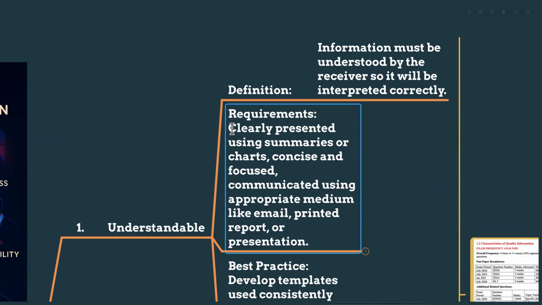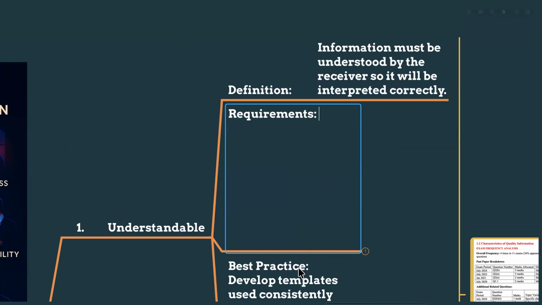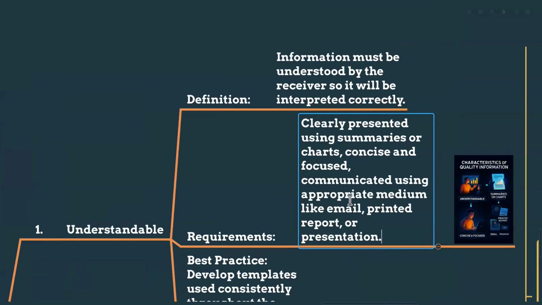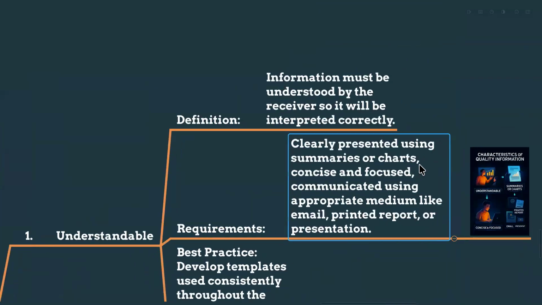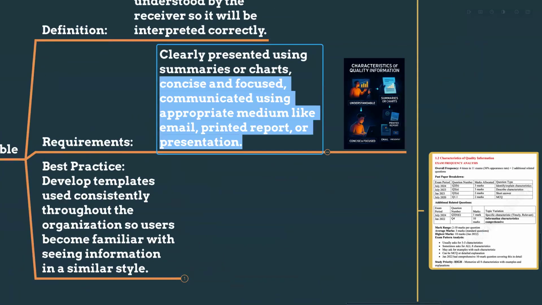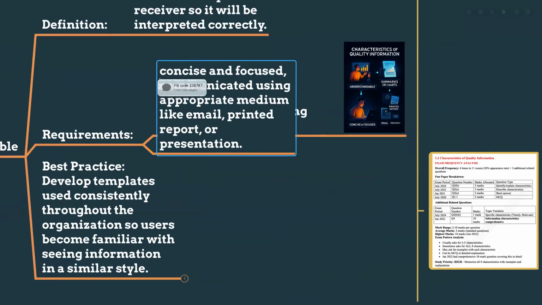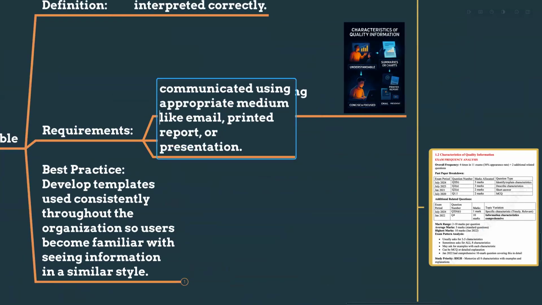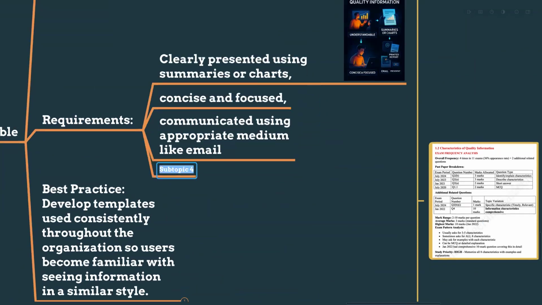So these are the requirements for information to be understandable. You can see, first, clearly presented using summaries or charts, right? The second is concise and focused. And it must be communicated using appropriate mediums like email, a printed report, or sometimes a presentation.